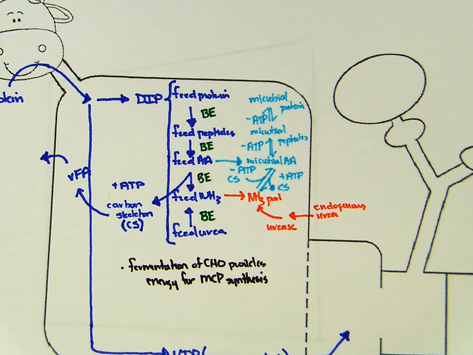And much in the same way, carbohydrates provide energy for microbial crude protein synthesis. The protein that the microbes are synthesizing is what's responsible for digesting and fermenting the carbohydrates we've fed to the cow.